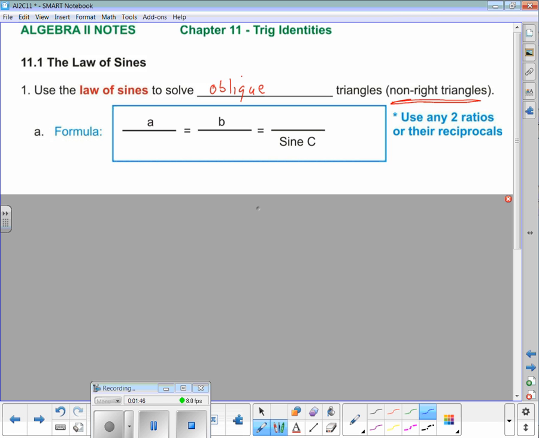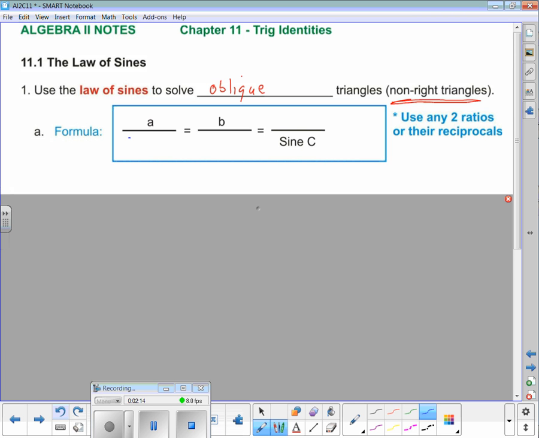It's pretty simplistic. Just like last chapter, any lowercase letter represents a side of a triangle. So A is side A of a triangle, B is side B of a triangle. And just like last chapter, what comes after the trig function is the measure of an angle. So capital C there is the measure of angle C. Okay, so how do the ratios go?